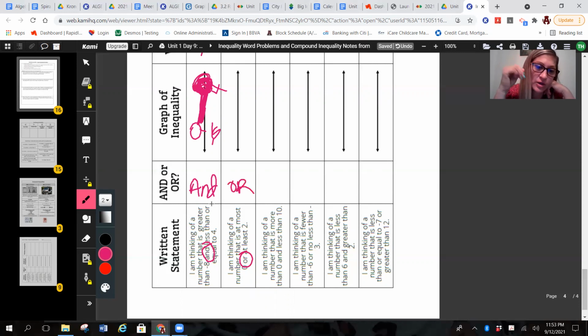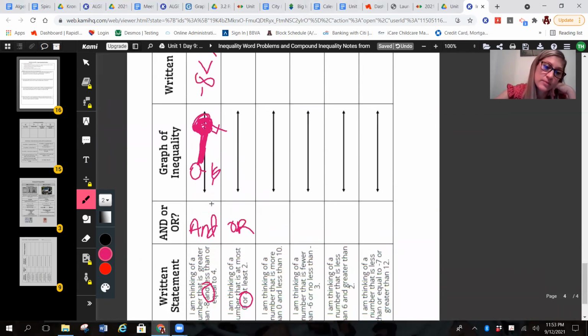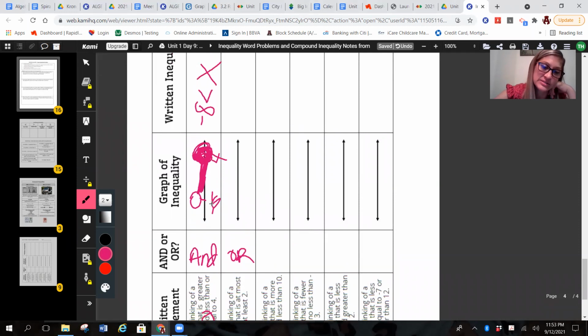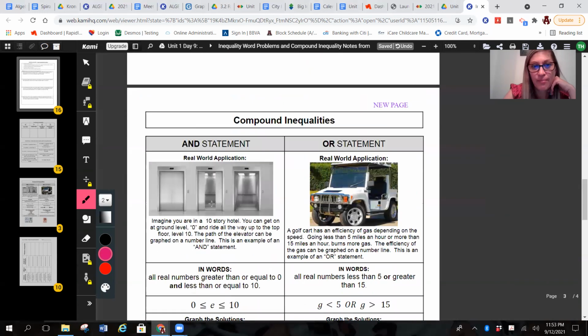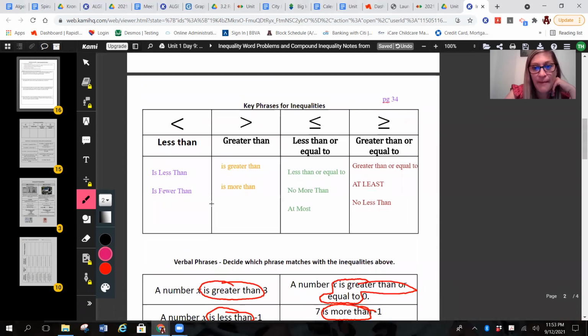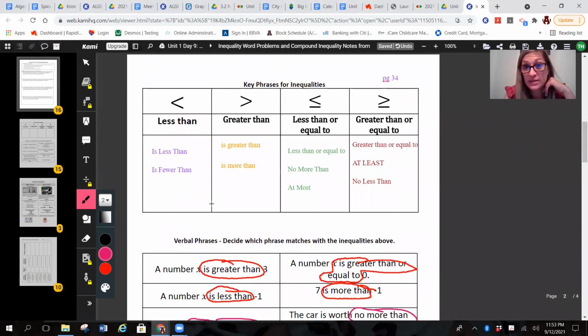They're thinking of a number that is at the most 0 or at the least 2. So I need my 0 on the graph and I need the number 2 on the graph. And at most 0 means, if we look back up, at most means less than or equal to.